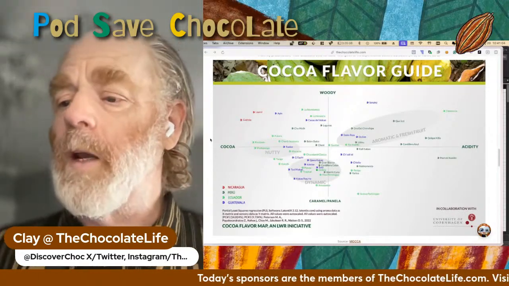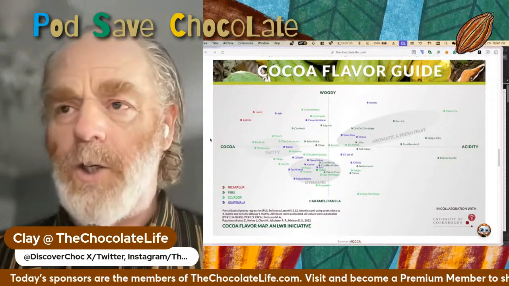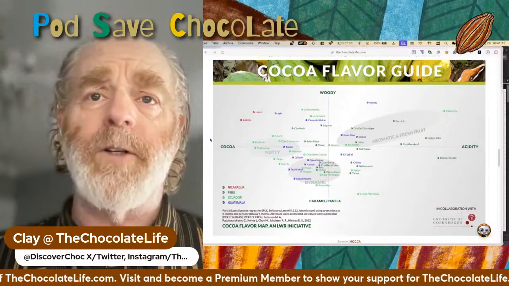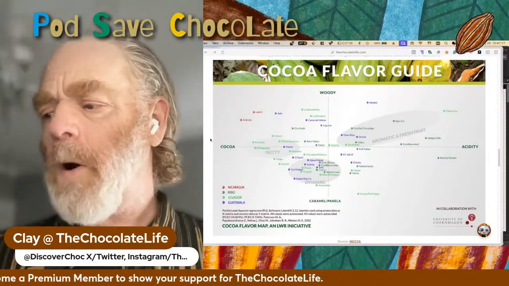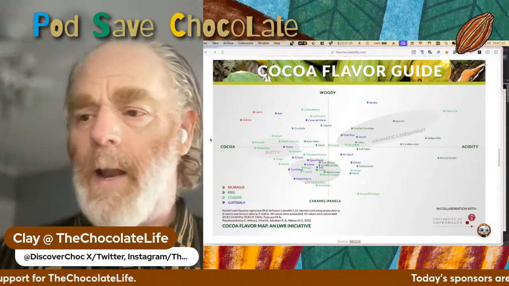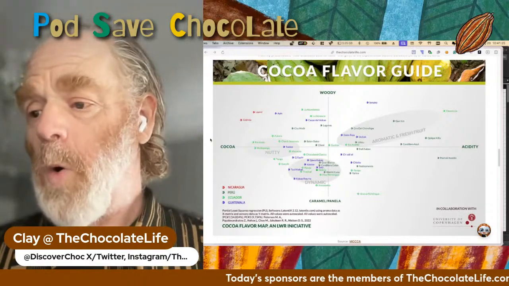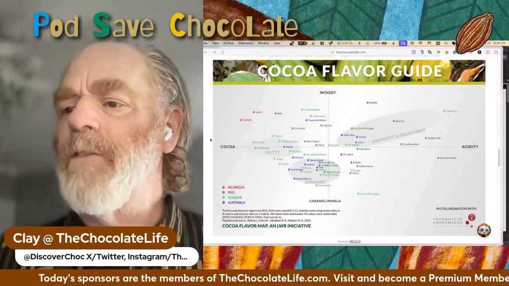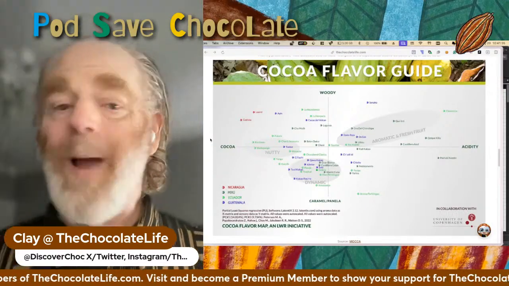So the Mocha Flavor Map is a joint effort between Mocha, which is maximizing opportunities for coffee and cocoa in the Americas. It is funded in part by LWR, Lutheran World Relief. This work was done in collaboration with the University of Copenhagen, and there are other organizations involved. If you look at this, you'll see we have two axes.